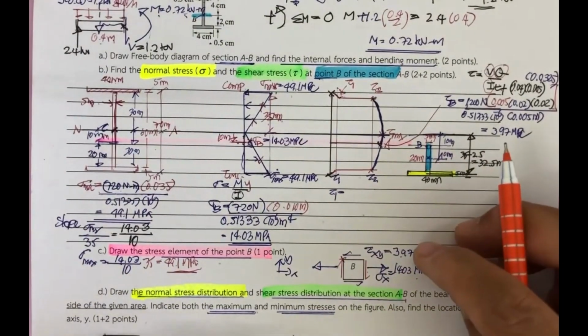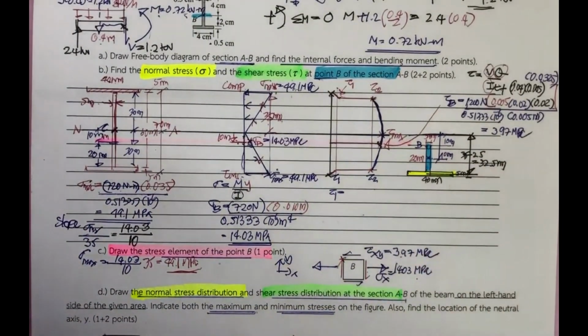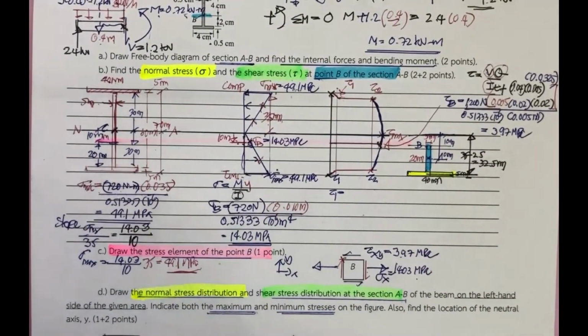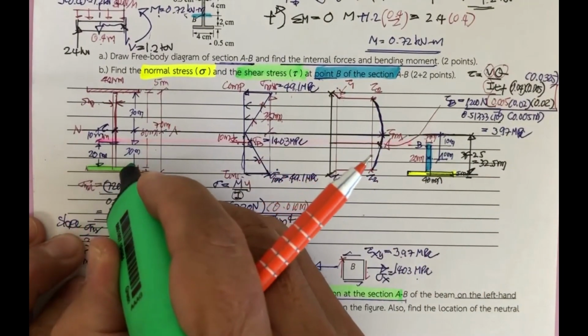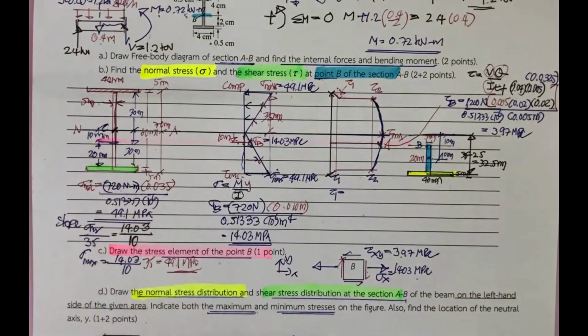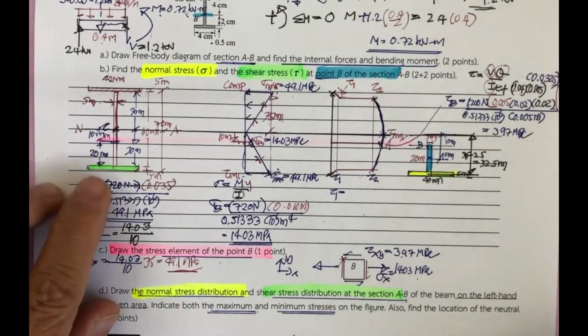Tau sub 1 is based on the computation of V Q over I t of this area.